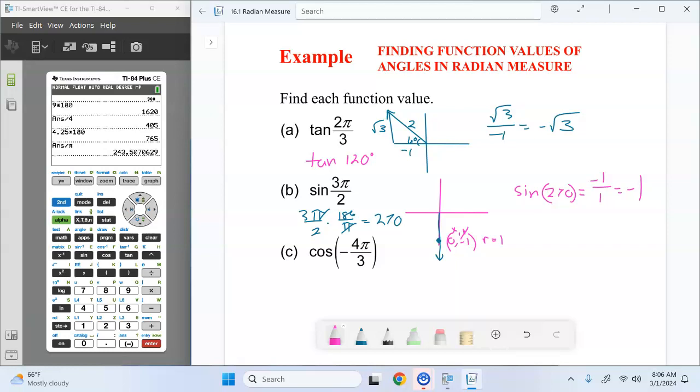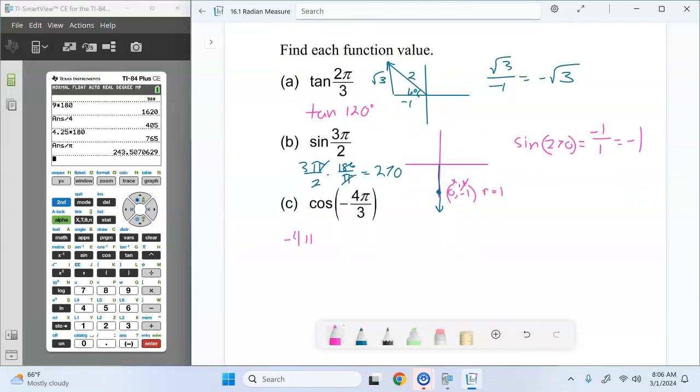What does that angle measure? Degrees. What's that angle in standard position? 120.